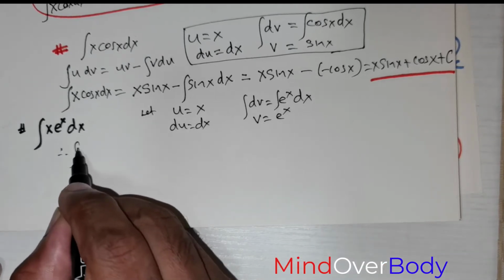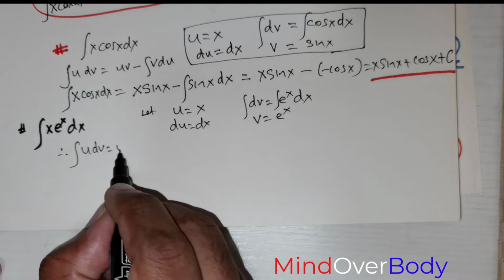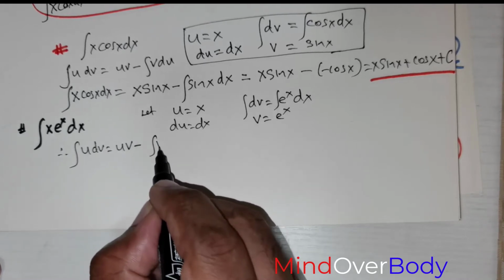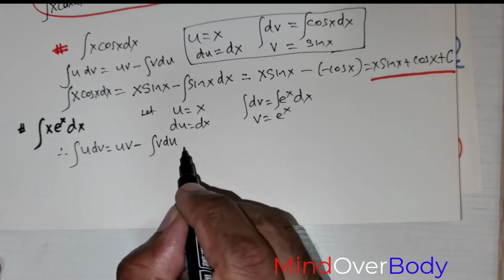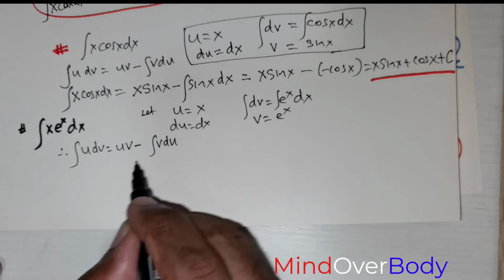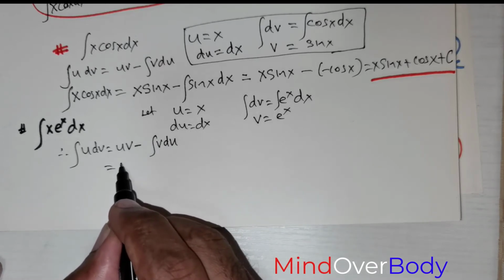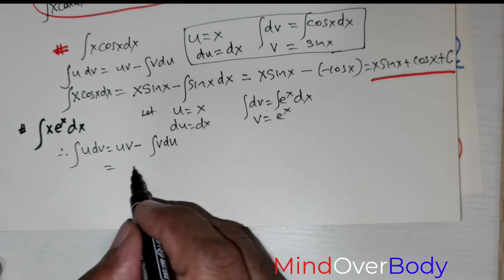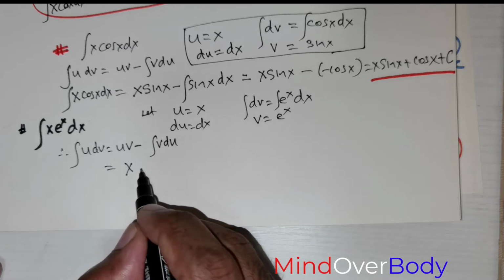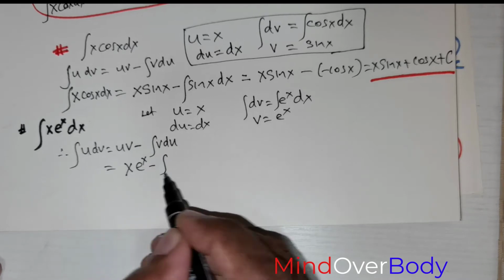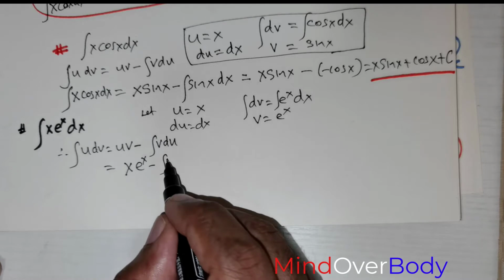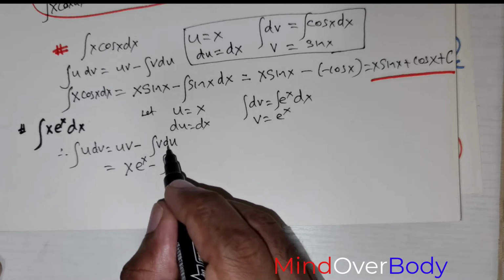So the formula, integral u dv is equal to uv negative integral v du, is now rewritten with the quantities that we have. u is x, my v is e raised to the power of x, followed by a negative sign and an integral of v du.